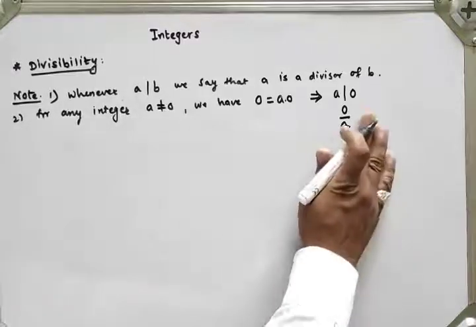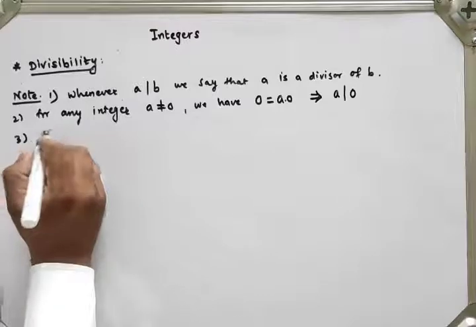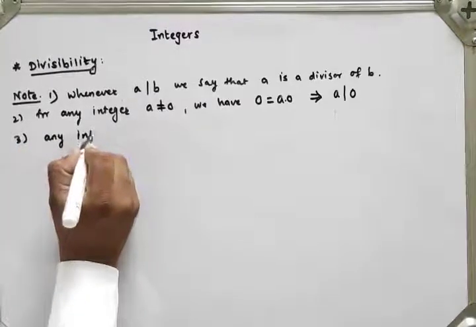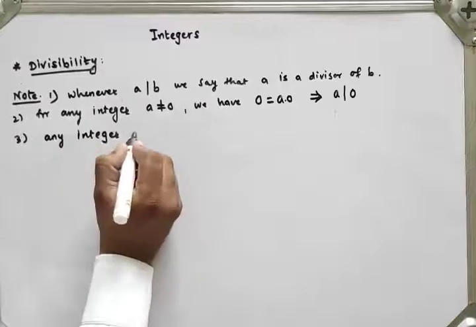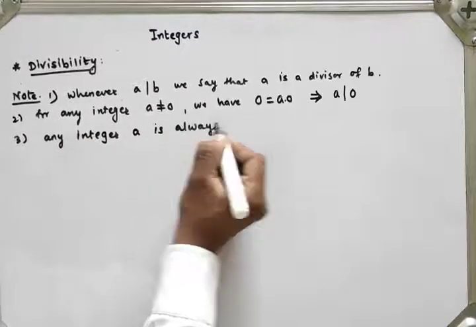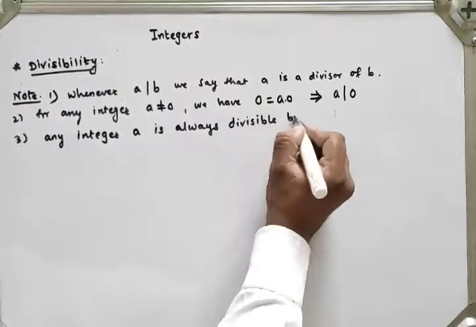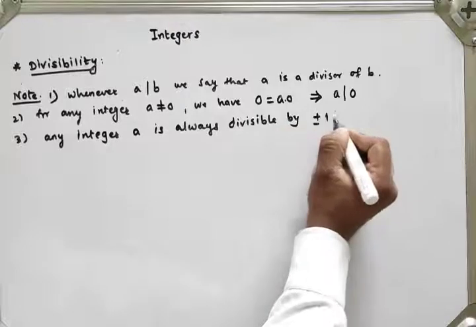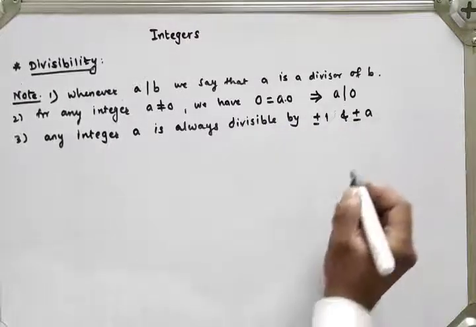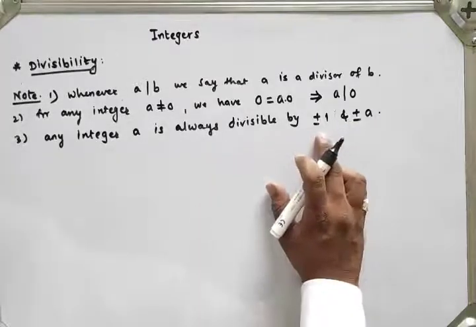Third, any integer a is always divisible by plus minus 1 and plus minus a.